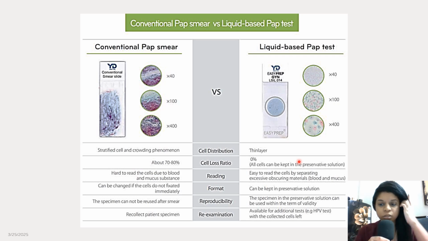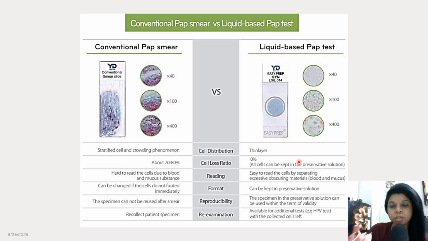So 100% of the cells are preserved in the solution, and during the procedure only the apt amount of cells required to produce a very thin layer over the slide is used. The rest of the cells will be present in the suspension itself, which can be used to make other slides or for other tests as well.